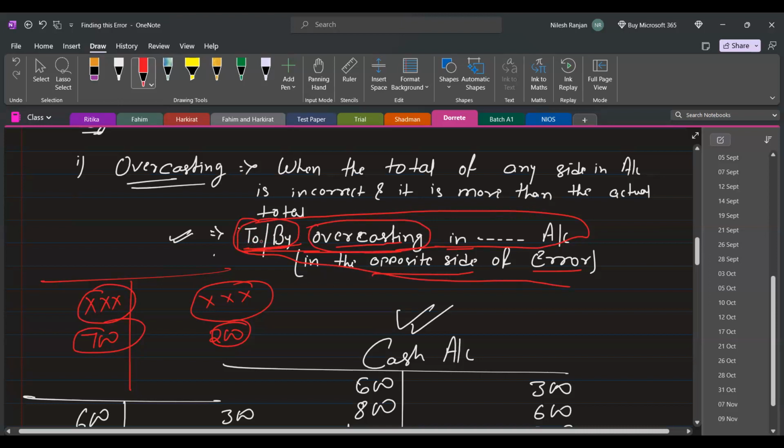Is this clear? Yes, sir. So "to" or "by", any of these two, and overcasting in which account? I told you just now that there is overcasting in purchase account. So you will write here purchase account.